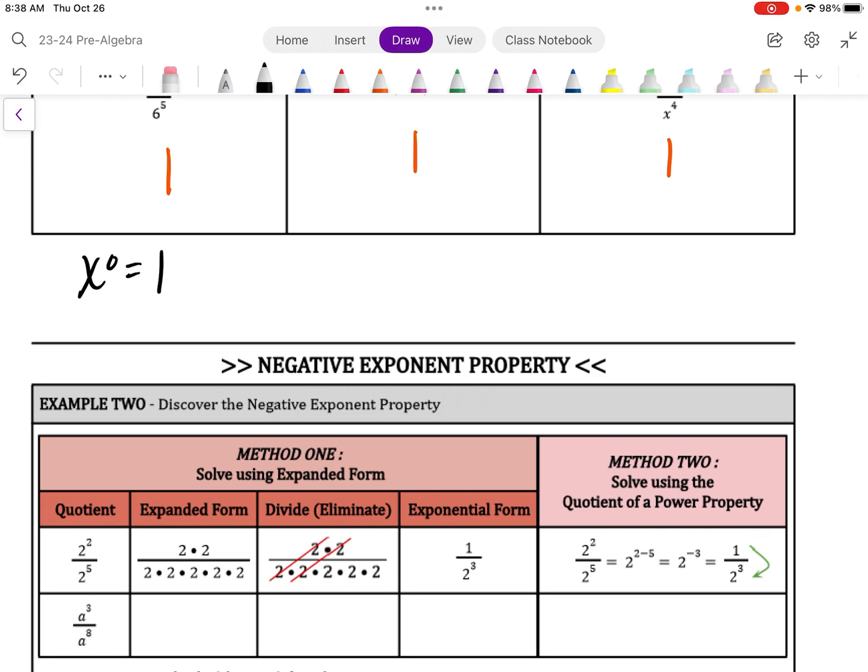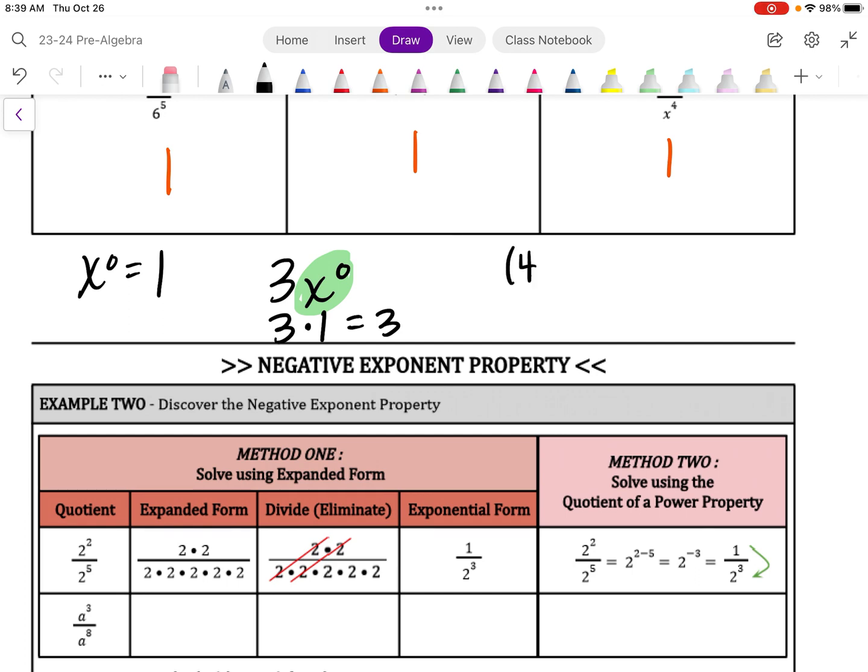So if I have x to the 0, no matter what x is, that's 1. That 0 belongs only to x. If I have 3x to the 0, that 0 belongs only to x. So that is 3 times the value of 1, so that equals 3.